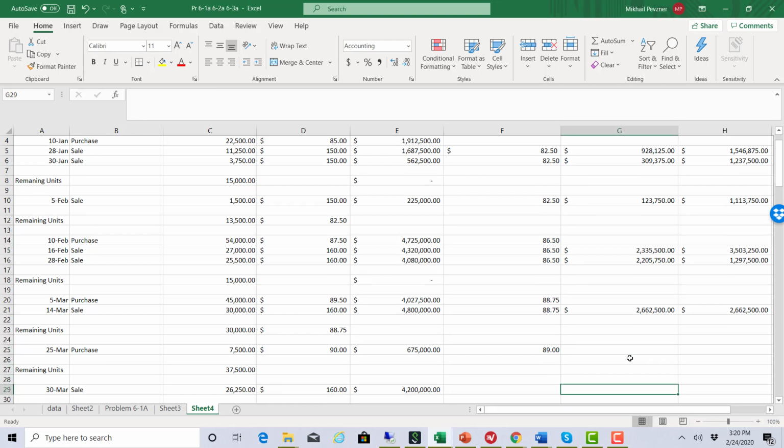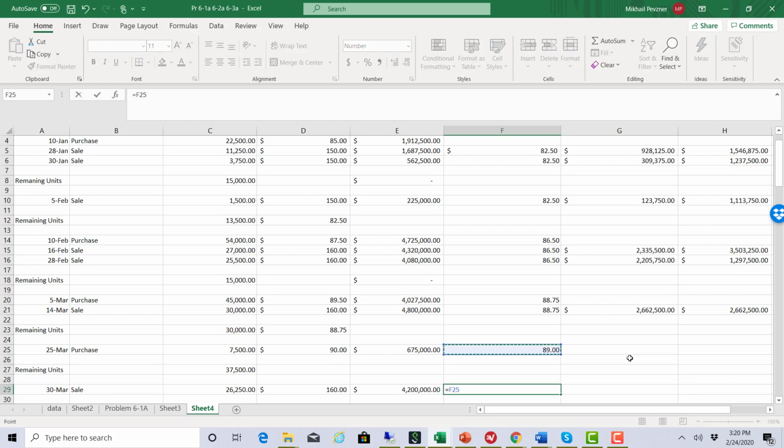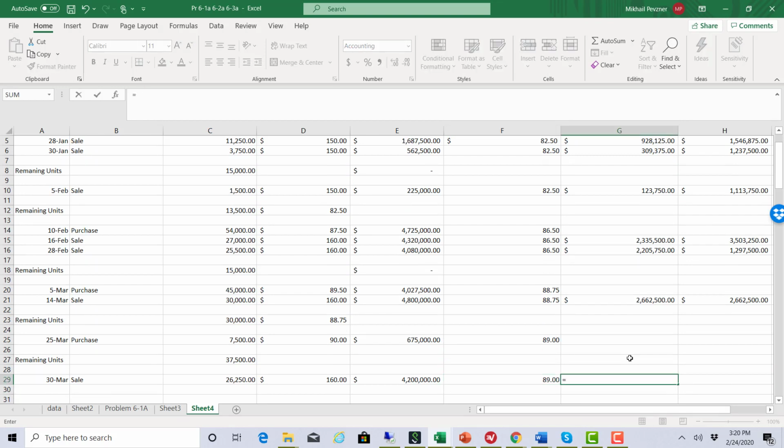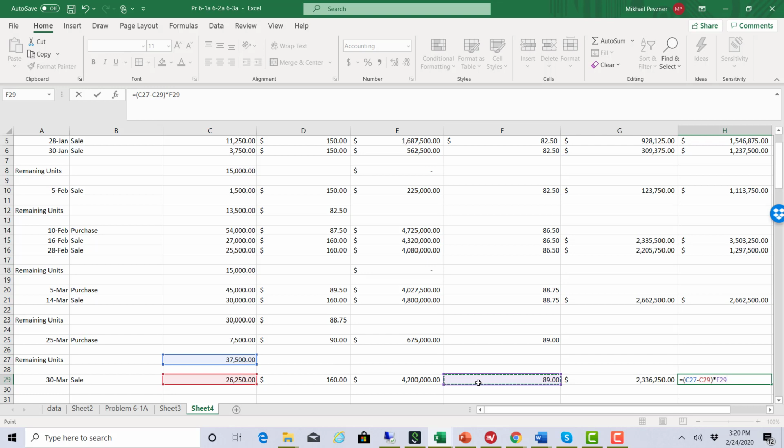So next time we calculate a sale, we'll take this $89 and multiply it by the units sold, which in this case is 26,250. And the remaining inventory is going to be 37,500 minus the number of units sold, times $89.